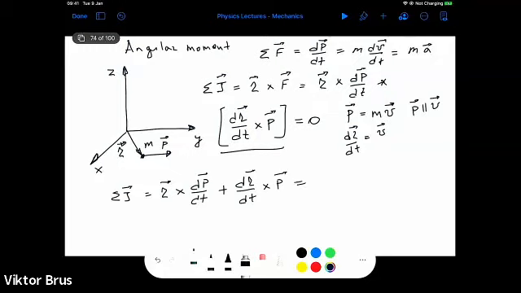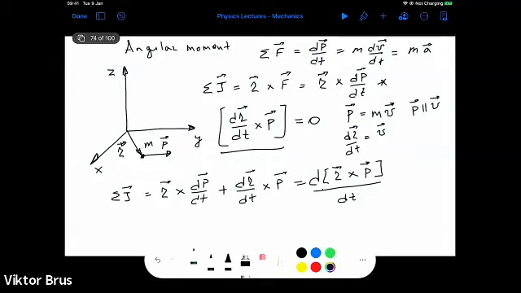And this is nothing else but the derivative over time of the vector product between the radius vector and linear momentum. So we have the vector product of position vector times linear momentum, d over dt.